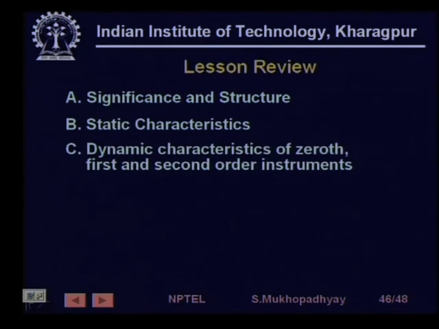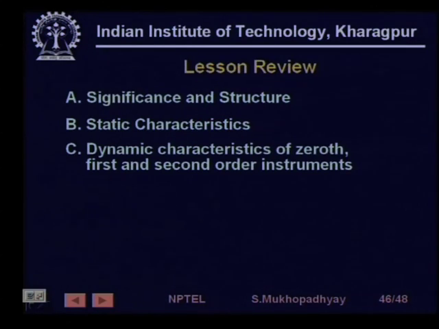We have looked at the main static characteristic parameters like sensitivity, linearity, accuracy, resolution, span, etc. We have also looked at the dynamic characteristics of 0th, first and second order instruments, and we have seen that they exhibit phenomena like oscillations, overshoot, and time constants, and all these characteristics are very important, especially when these devices are used as feedback devices in control. We have also seen some industrial specifications.